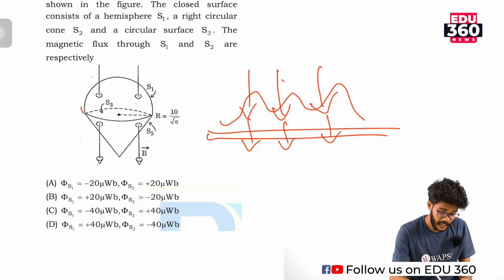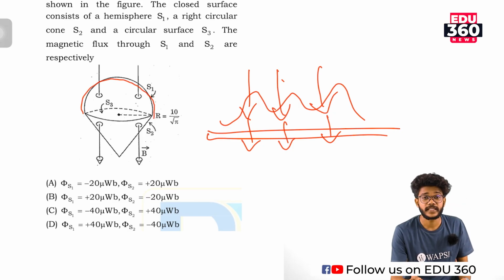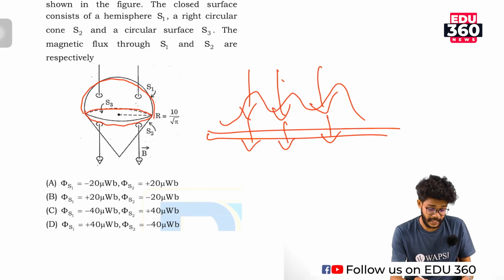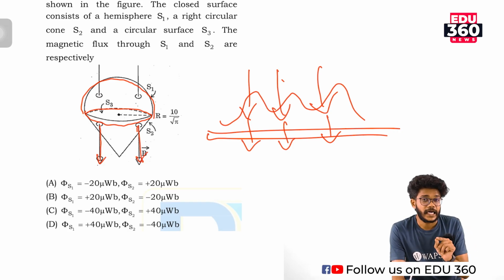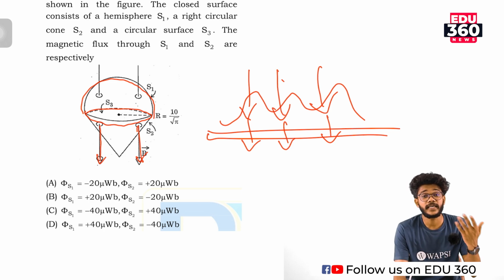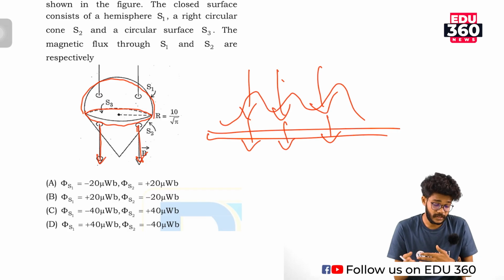So, in here 2 field lines are entering, and in here 2 field lines are entering, and in here 2 field lines are outgoing. So, we can take the area which is very convenient for us. That's why they are not asking about the second area.